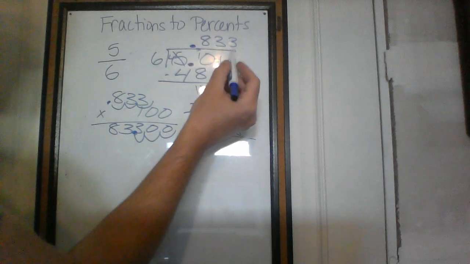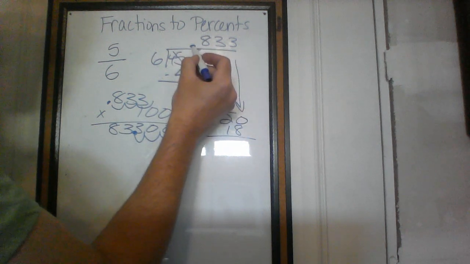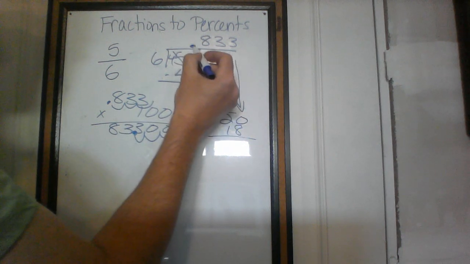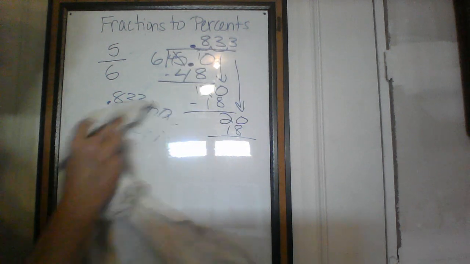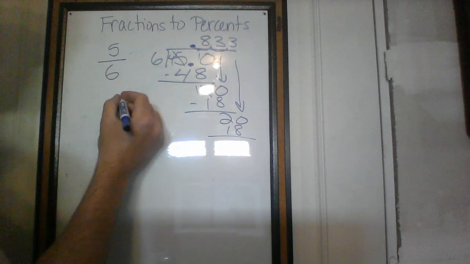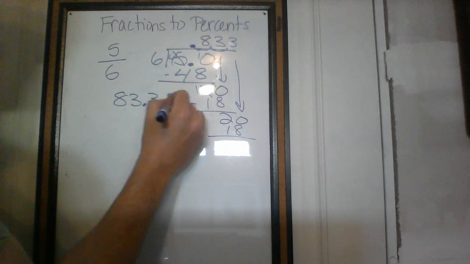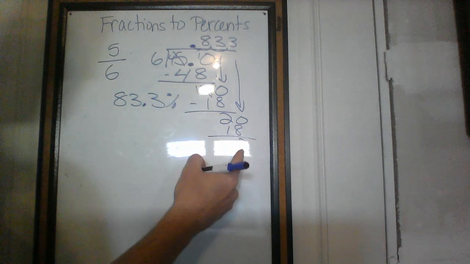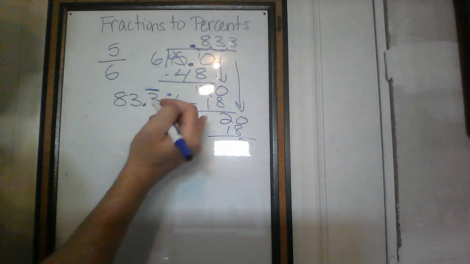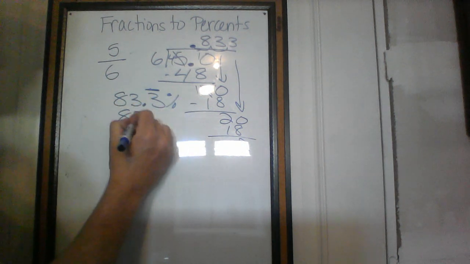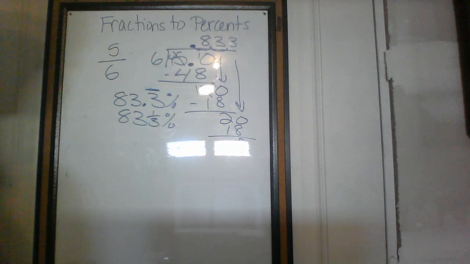And when we do it up here, this decimal moves this way, but if we're changing decimal to percent, we're going to move it over 2 times to the right because we have 2 zeros there. So we have 83.3%. And because we had this repeated pattern, we have 83 and 0.3 going on forever. Or if you want to write 83 and a third percent, that works as well.